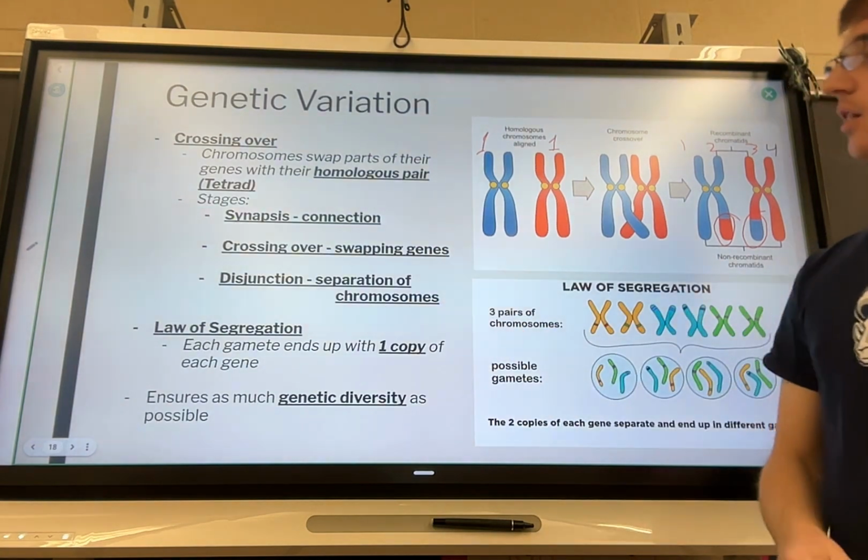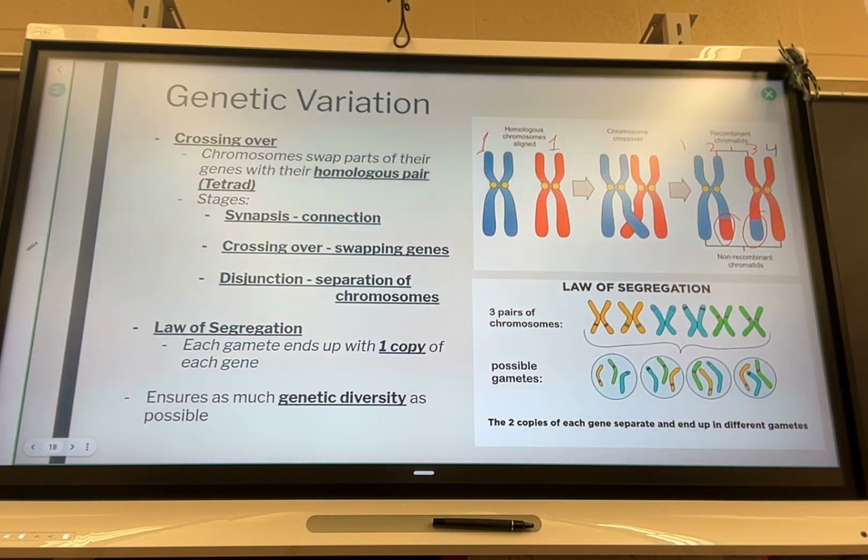We also have the law of segregation. This law states that for each gamete that is produced, it is only going to have one copy of a gene. So if we have a gene, let's say these 4 chromatids are all coding for the same gene, for each chromatid there's only going to be 1 copy.